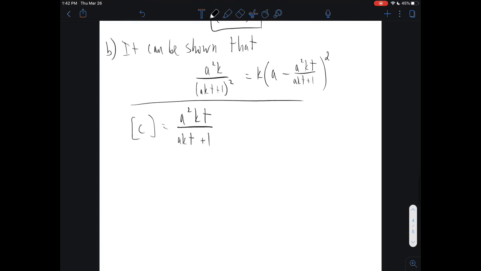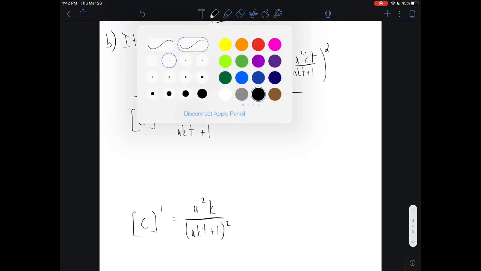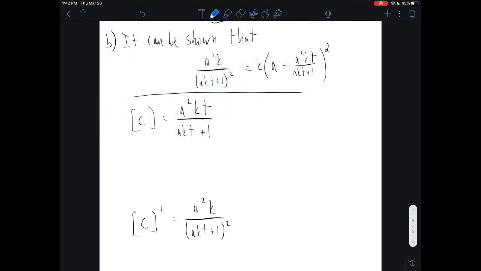And then our derivative, concentration of C prime, which was equal to a squared k divided by akt plus 1 quantity squared. We really just want to look at what is the limit as t approaches infinity of our concentration and then the rate of reaction.